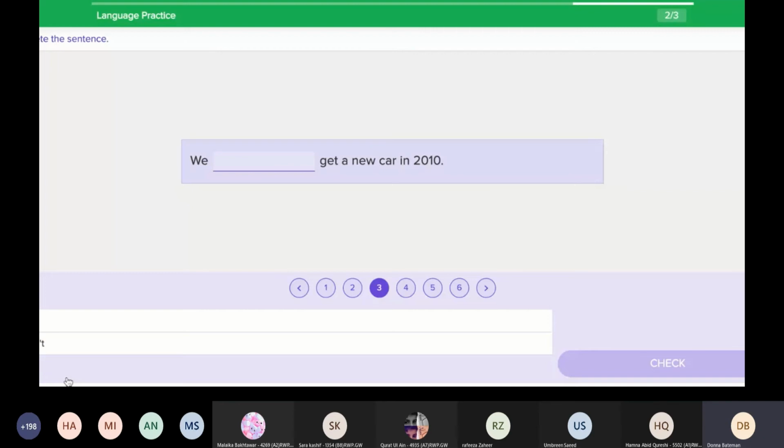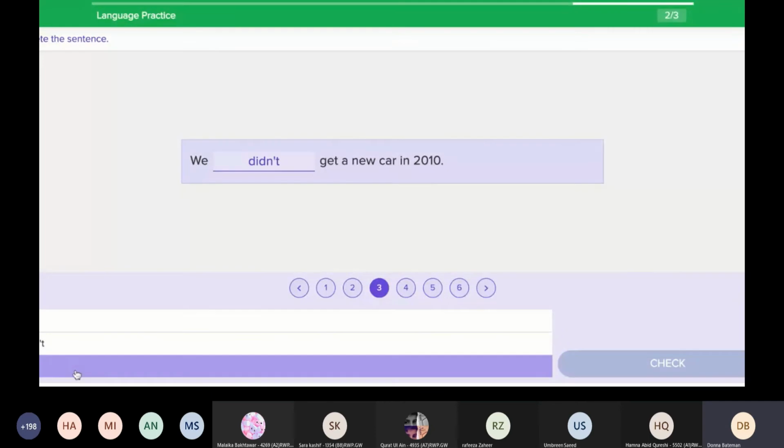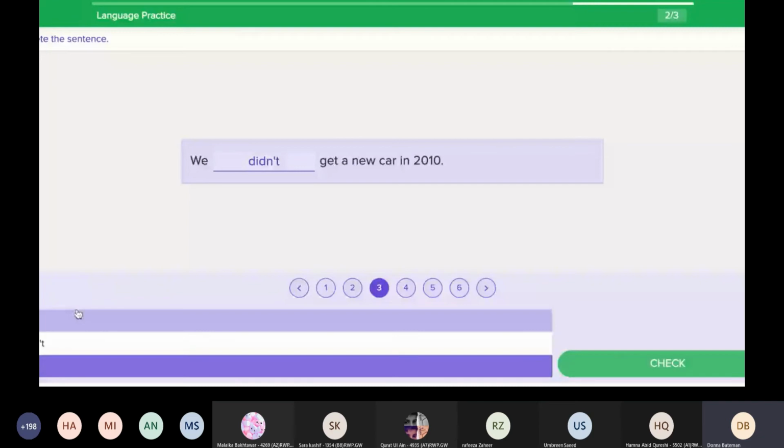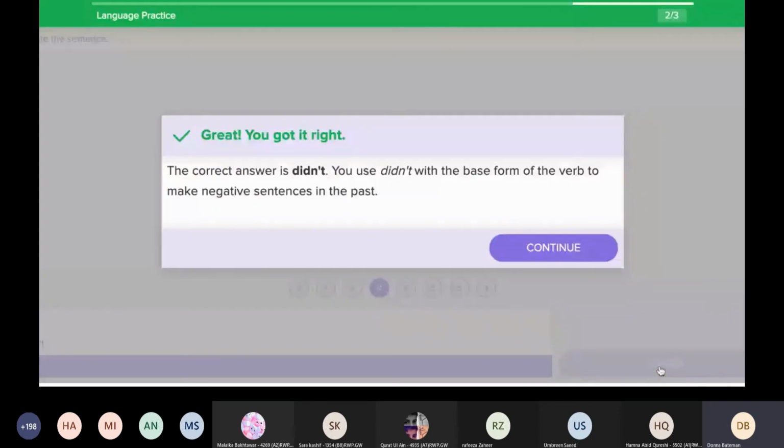Don't, doesn't, didn't. What fills the gap? It's obviously didn't. We didn't get a new car in 2010. Again, the other options on your screen, don't and doesn't, are both present tense. They don't apply here because we're talking about a time in the past. So let's check that. That's correct.